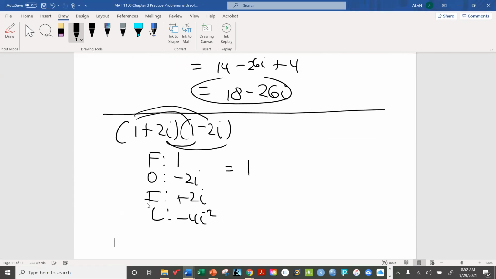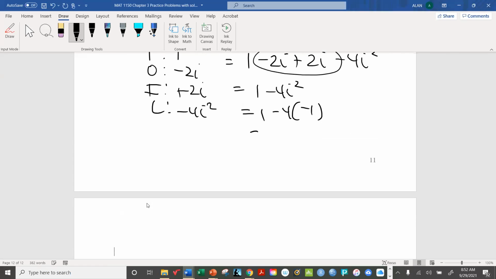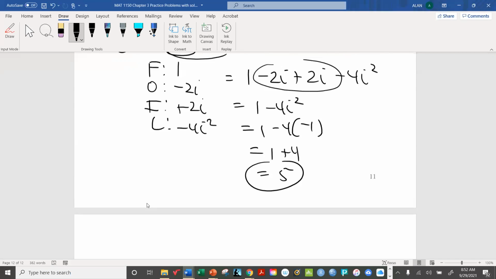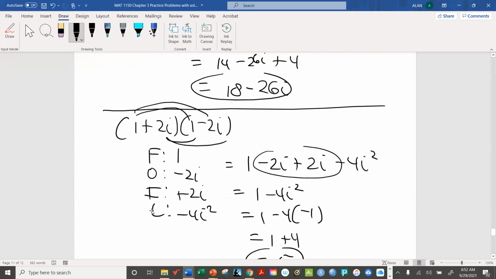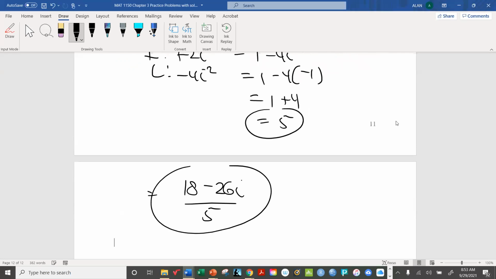So 1 minus 2i plus 2i, these cancel out. This becomes -1, and so we end up with 1 plus 4, which is 5. So the final result is 18 minus 26i all over 5.